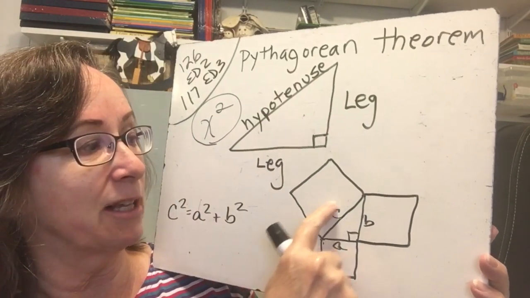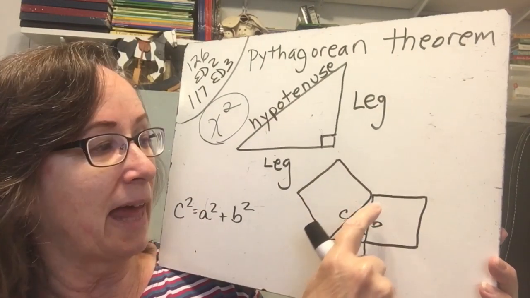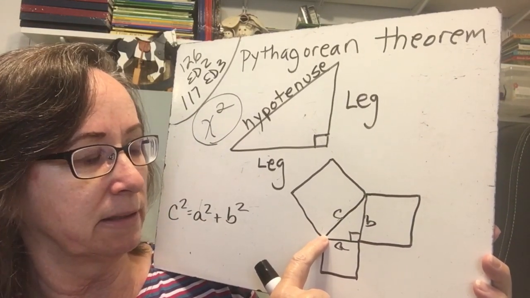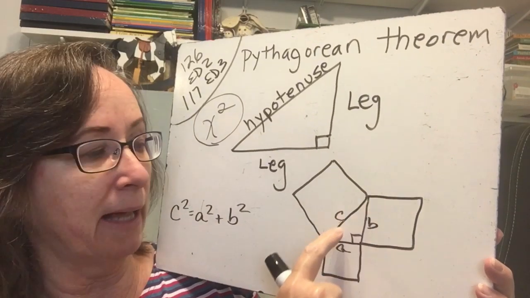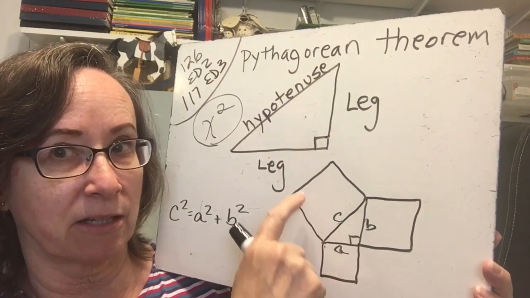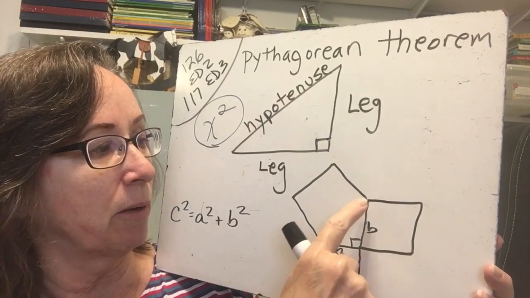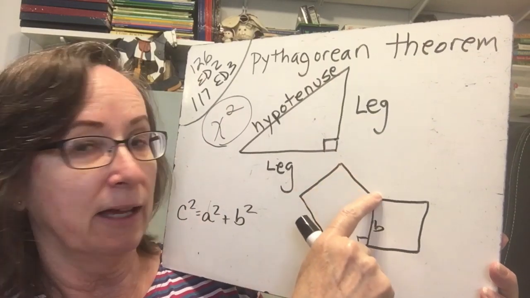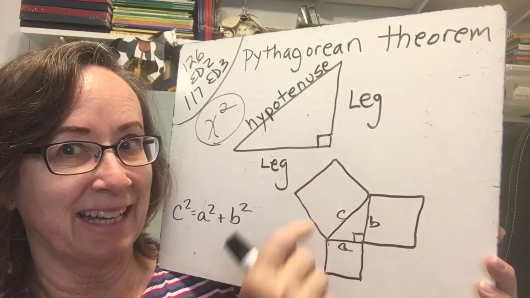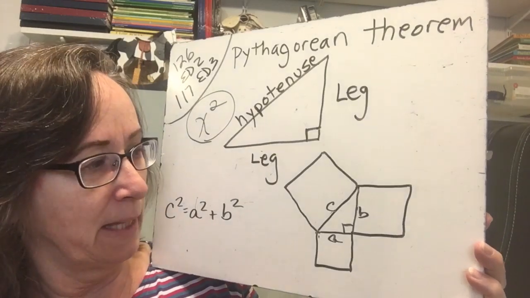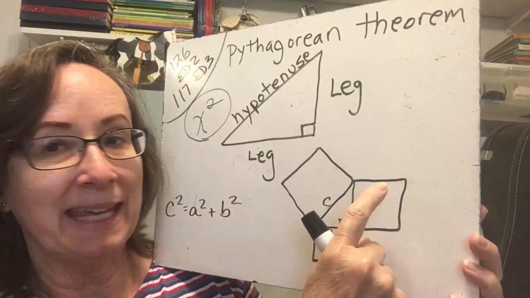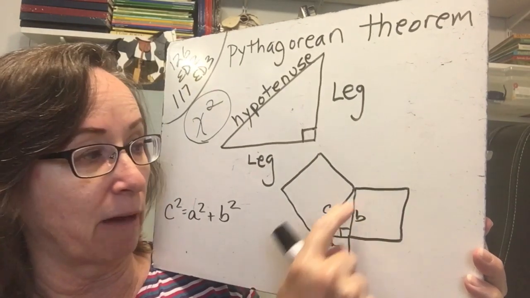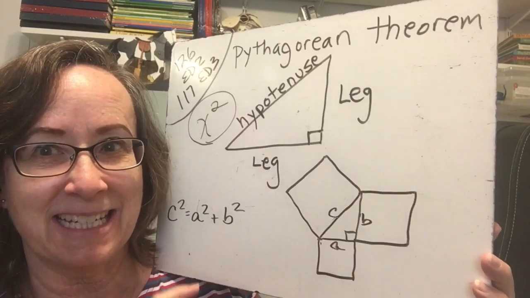And it says that the square that is built from the longest side of a right triangle, which would be the hypotenuse, and since this is a square, remember all the sides are the same, so this would be the hypotenuse. This would also be the same length. Okay, so the area of that one, the hypotenuse squared, is equal to the area of the squares that would be on each of the other two sides added together.